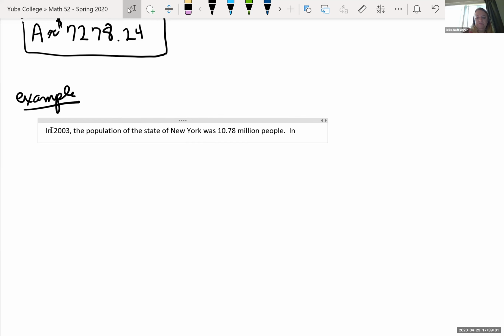In 1990, it was 7.99 million. Using the population growth formula, y equals A E raised to the KT, determine the value of K, New York's relative growth rate or rate of growth.